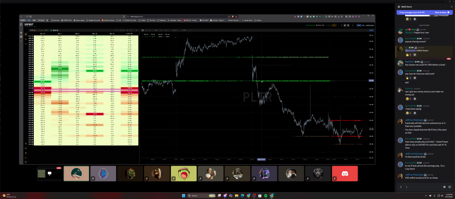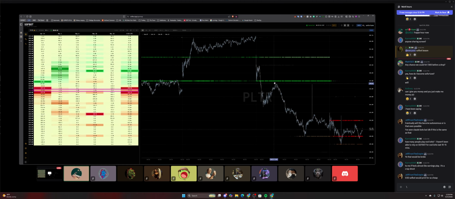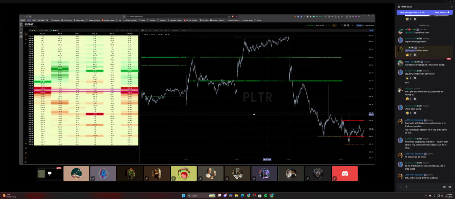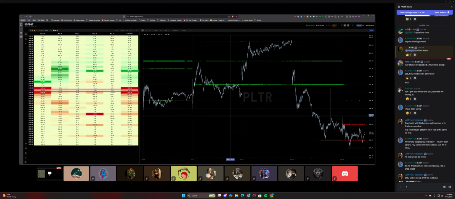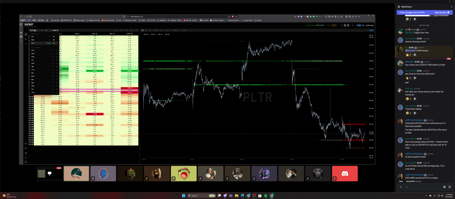Sure, it blasted through this level, but that's fine. If you're in this trade, you're taking your TP here, and on the runners, it came back up here, didn't quite touch it, but I think this still counts. 10 cents off, sold off, wick back up. Here, same thing. Every day, same thing, different ticker.